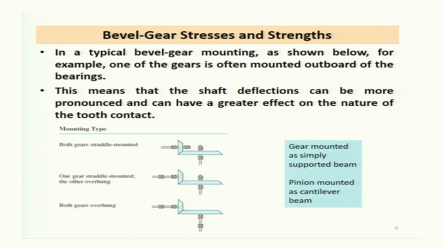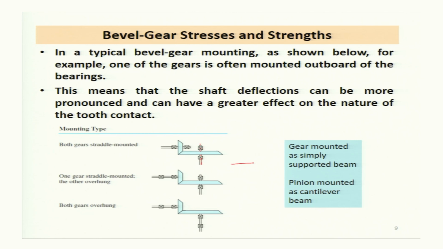Now, in the case of bevel gear, the mounting may be of different type. That is, in a typical bevel gear mounting as shown below, for example, one of the gears is often mounted outboard of the bearing. That means, in this case you see the shaft of the gear has simply supported type of arrangement.